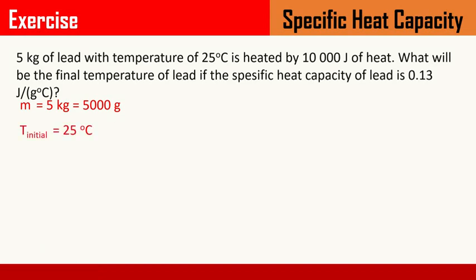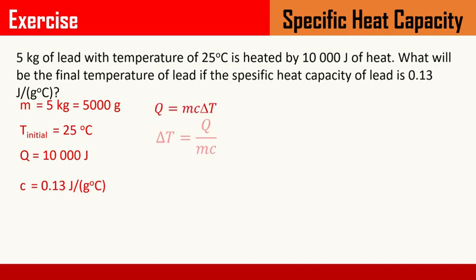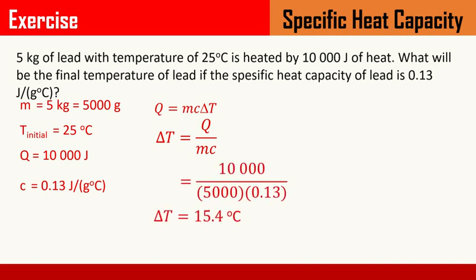Initial is 25. That is the specific heat capacity, and the Q is 10 joule. What should you do actually? The final temperature, right? So you have to find the change first. After that, you have to add it to the initial temperature. So this is the delta T.